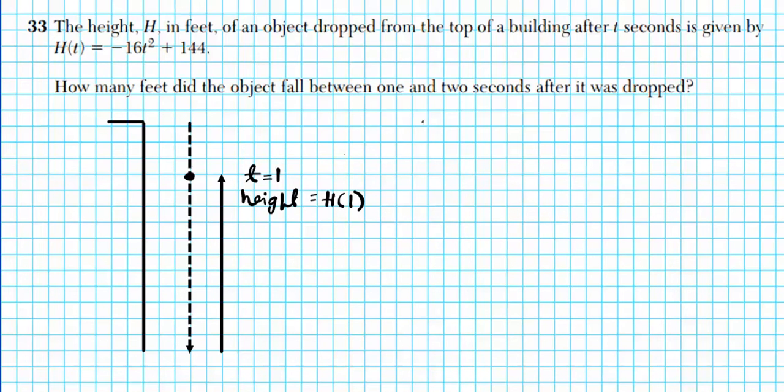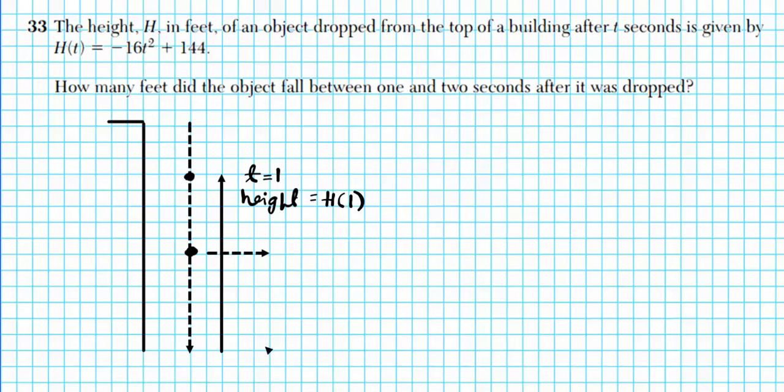Okay? Now, later on, 2 seconds later, what's happening with the object? It's closer to the ground, right? Because it's falling. All right, so somewhere here, it's not drawn to scale. At this point in time, we have t equals 2. Okay?